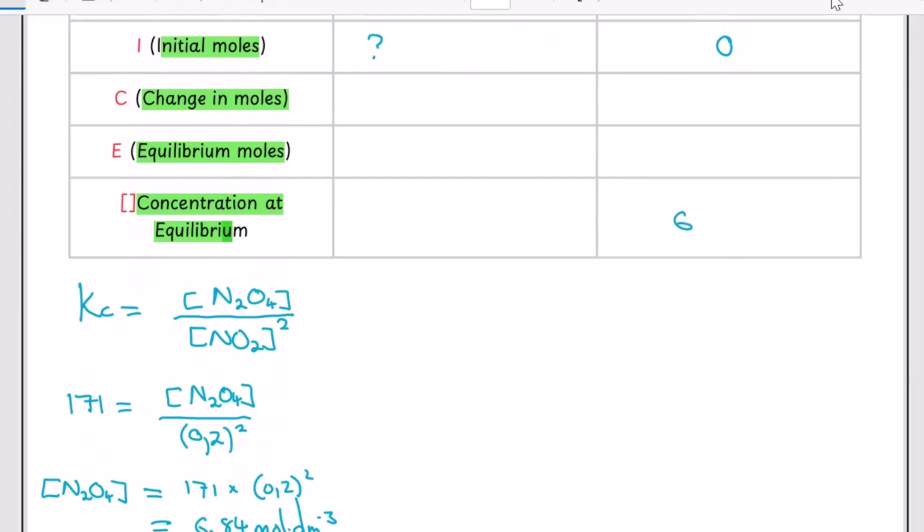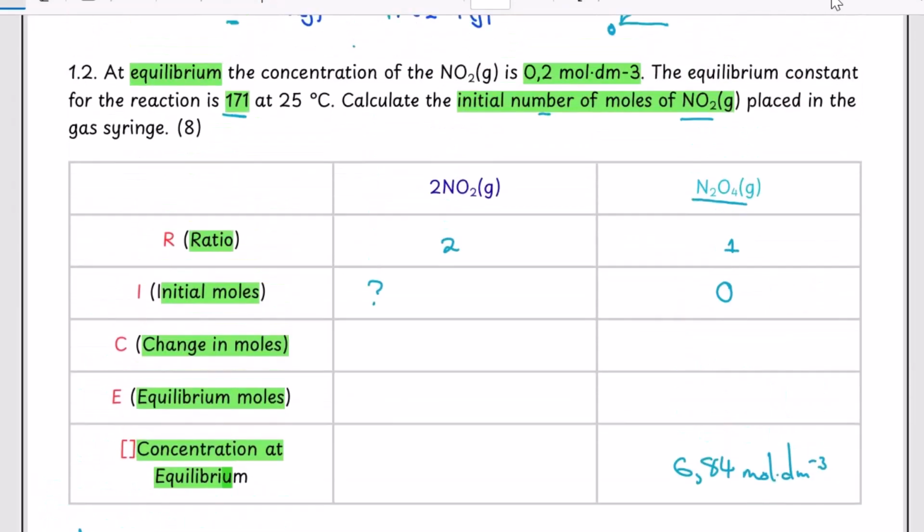I'm going to write that value 6.84, mole per dm cubed, right? Then here, we already know for NO2, which is our reactant, we're given 0.2. So I'm going to write that one down as 0.2 mole per dm cubed.